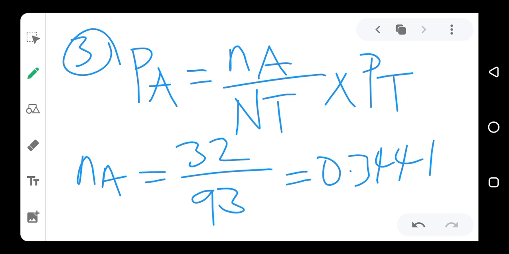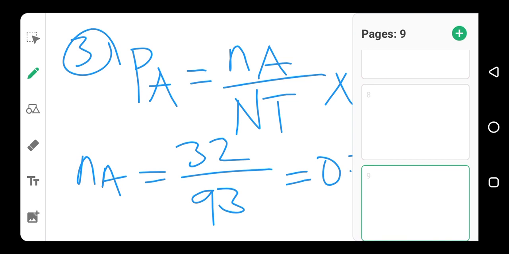Now Nb, we also have to get Nb in order to get total number of moles.